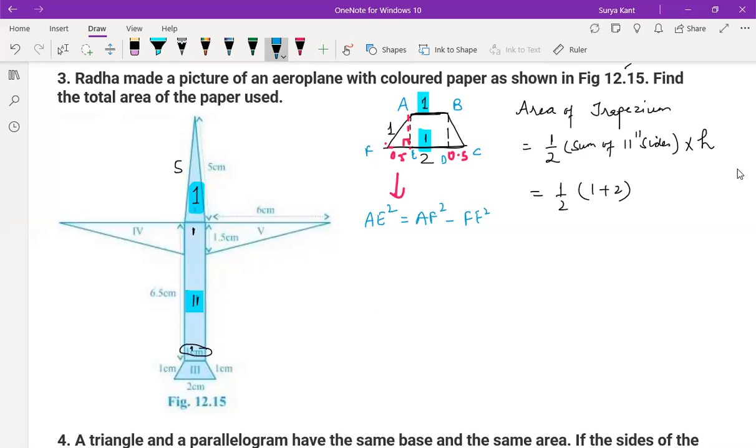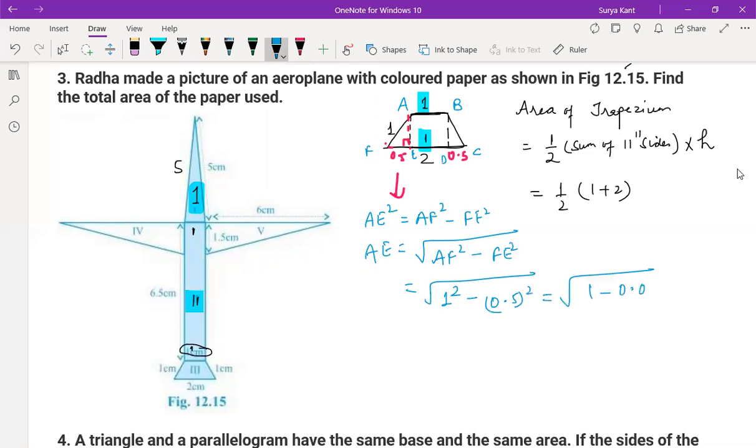Or AE is equal to root over AF square minus FE square. So AF is nothing but 1 square minus 0.5 square. So here 1 as it is minus 0.25, no? So we'll get root over 0.75.